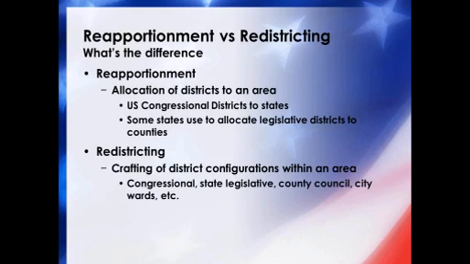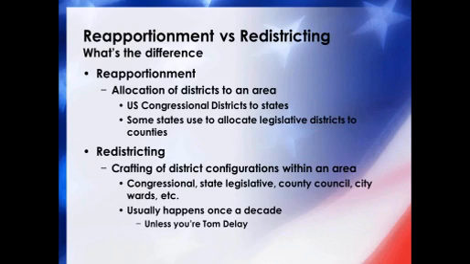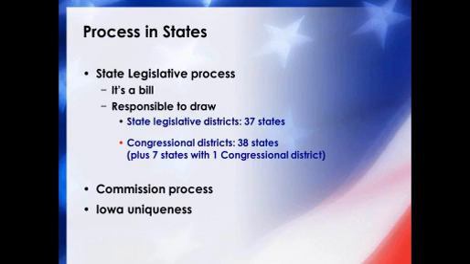Now, redistricting usually happens once a decade, unless, of course, you happen to be Tom DeLay in Texas, like in last decade. Basically, the redistricting process in the states, next slide, it is a state legislative process. It's a bill. It is the responsibility of the state legislature in most instances to draw the districts.